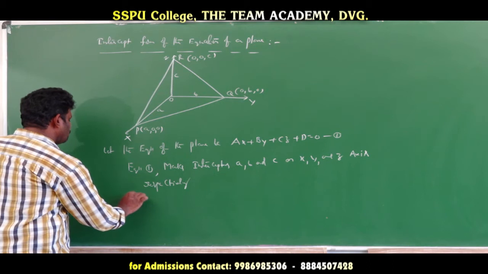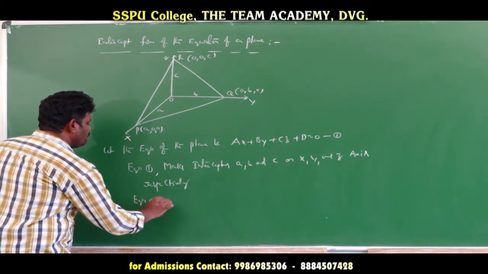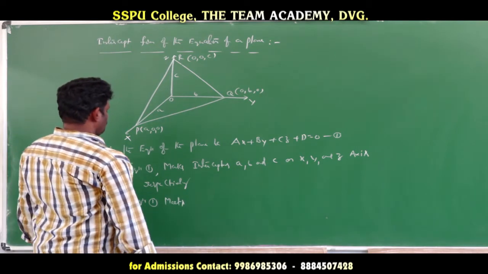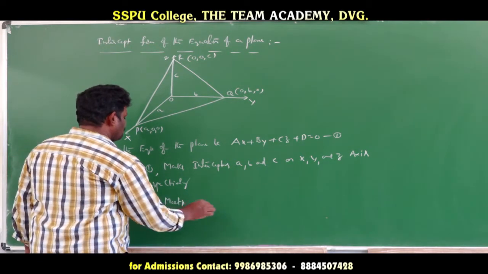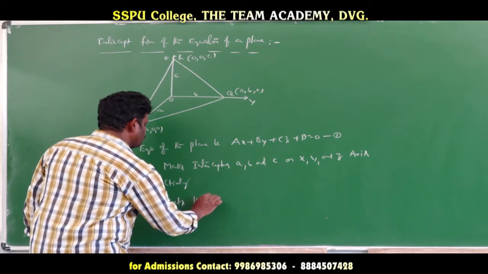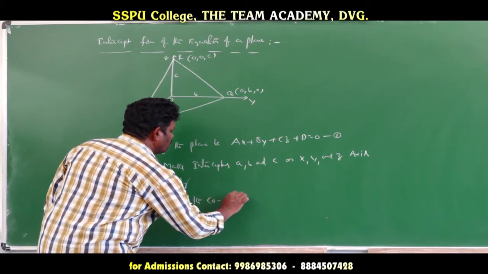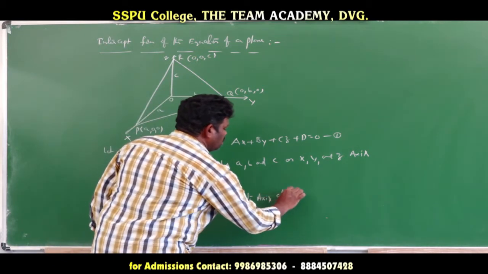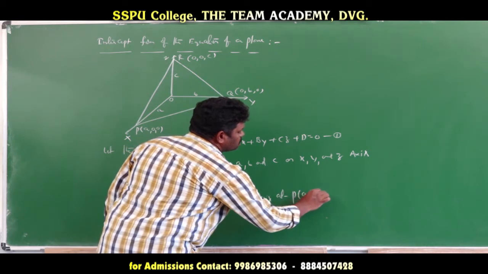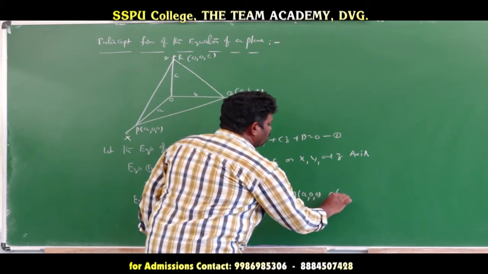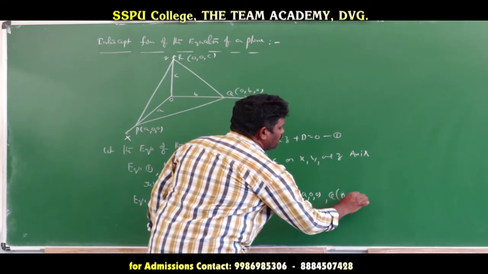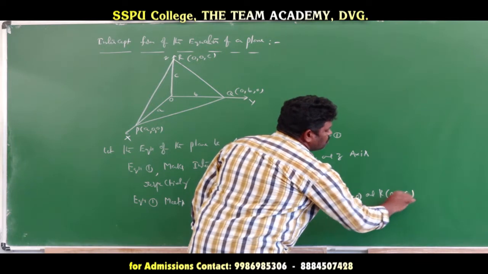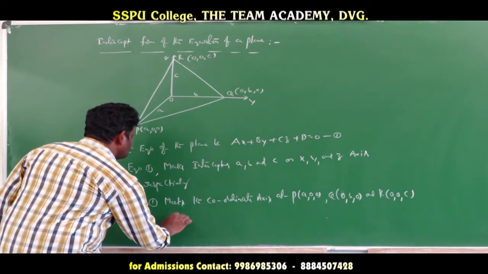So equation 1 meets the coordinate axes at P of a comma 0 comma 0, Q of 0 comma b comma 0 and R of 0 comma 0 comma c respectively.